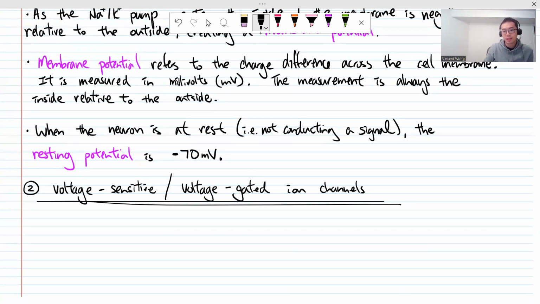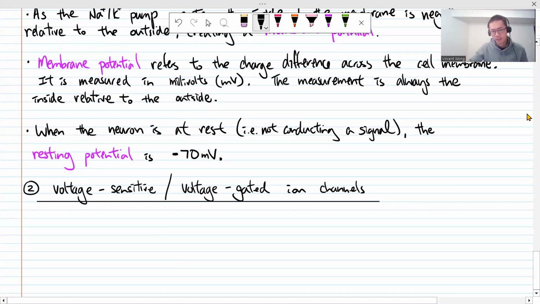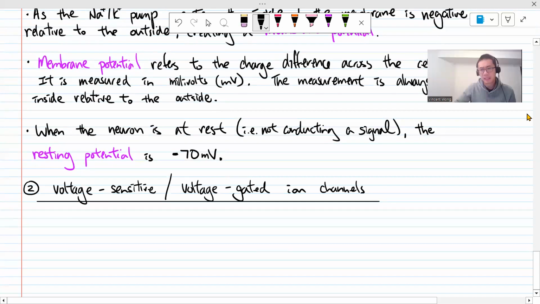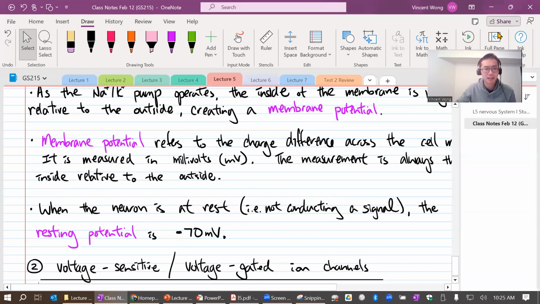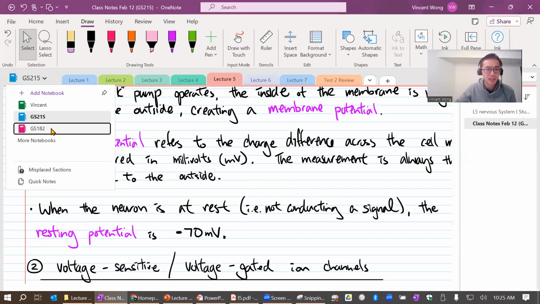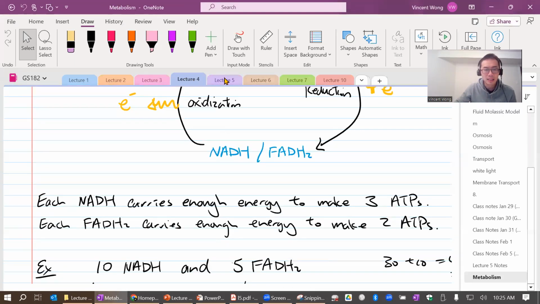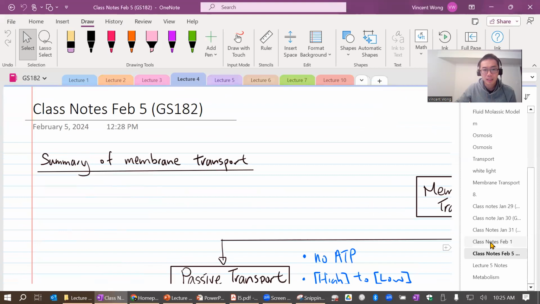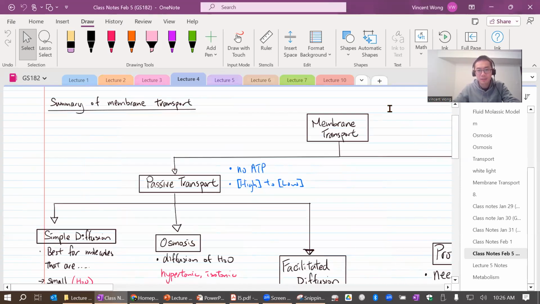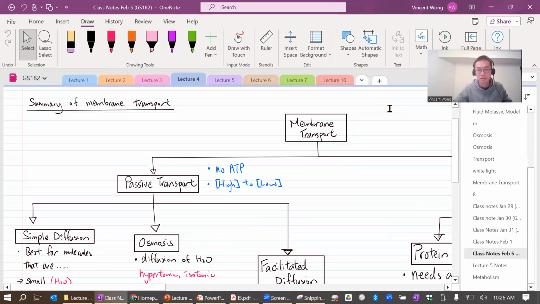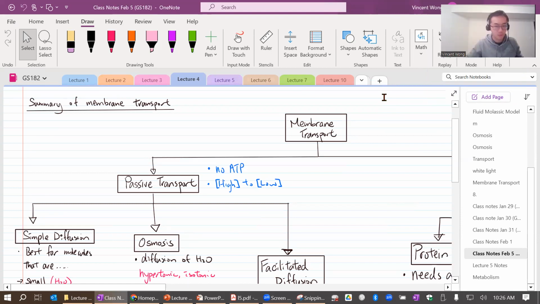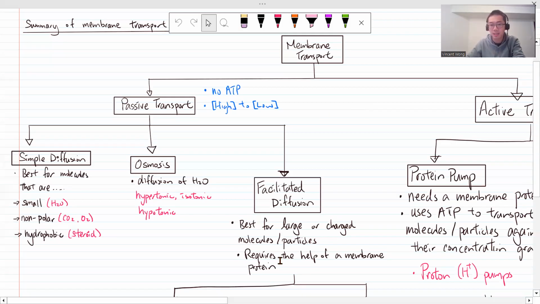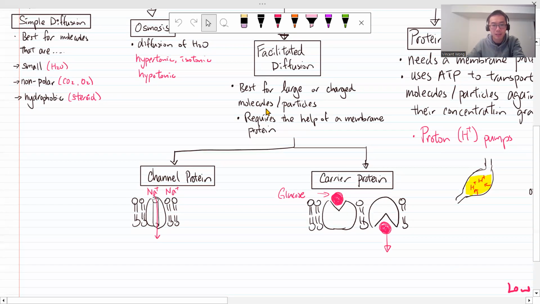That requires you to remember something we learned last semester. Let me see, I think I have the note recently from my other class. Is it lecture 4? Probably lecture 4. Remember this stuff? We did this last semester. Under facilitated diffusion, there's something called a channel protein.